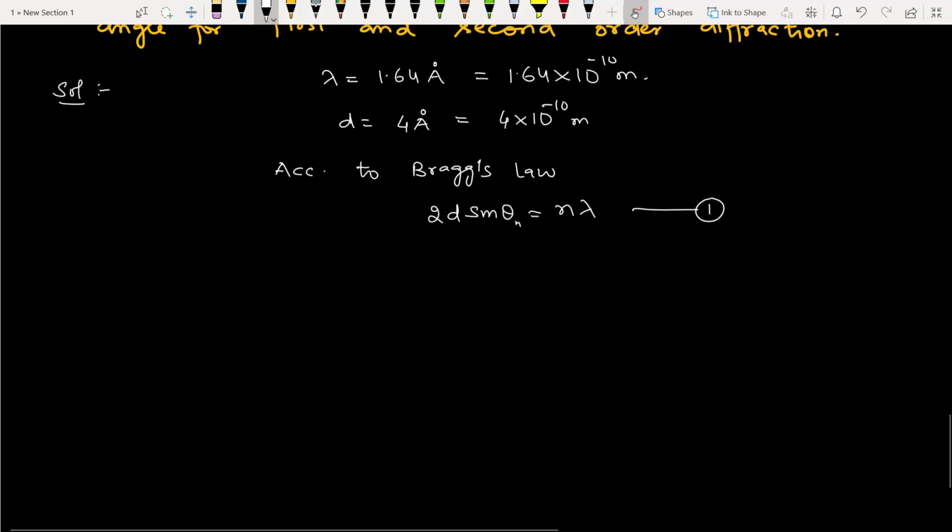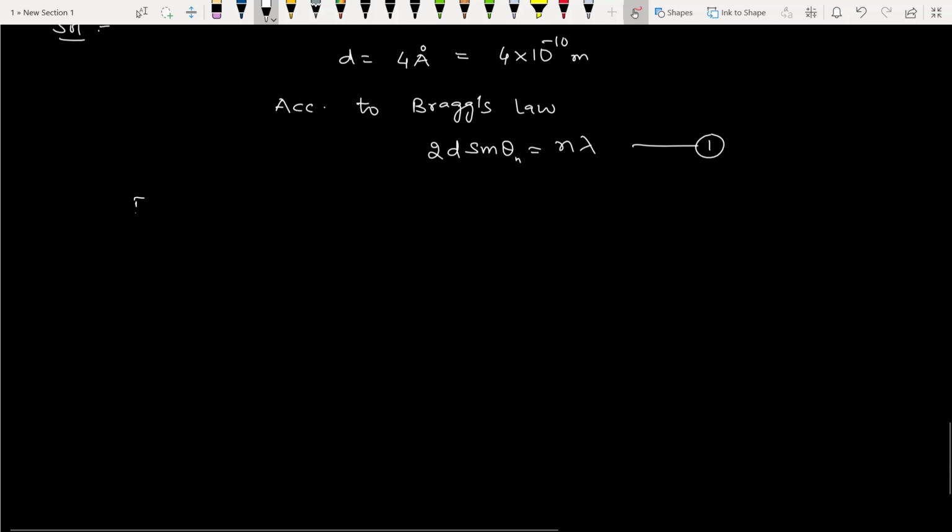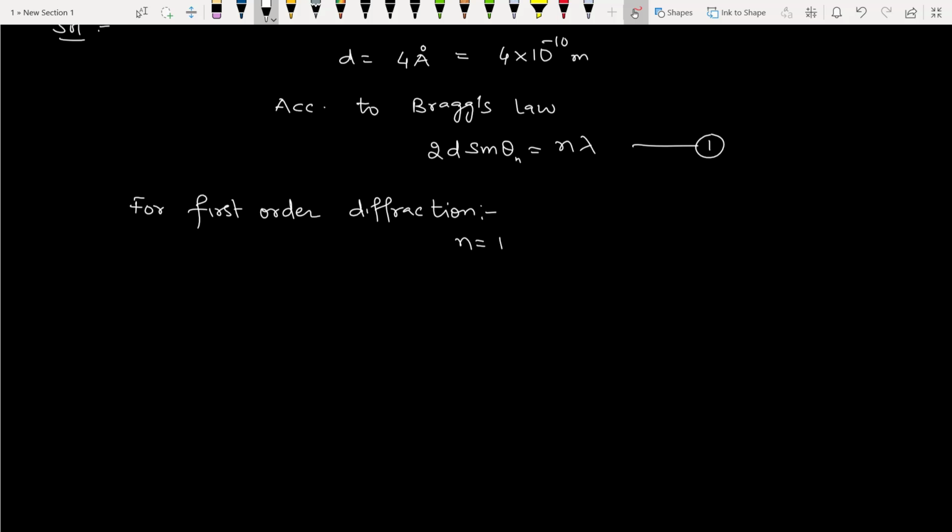For first order diffraction, n is equal to 1, so it will be 2d sine theta 1, where theta 1 is the angle of diffraction for first order diffraction.